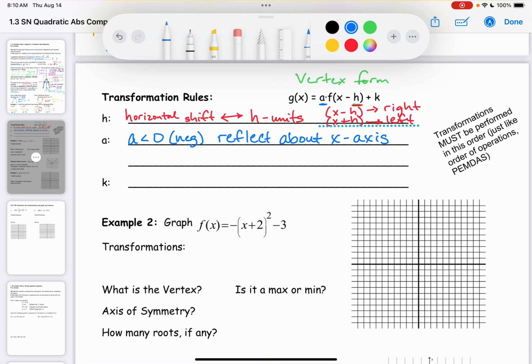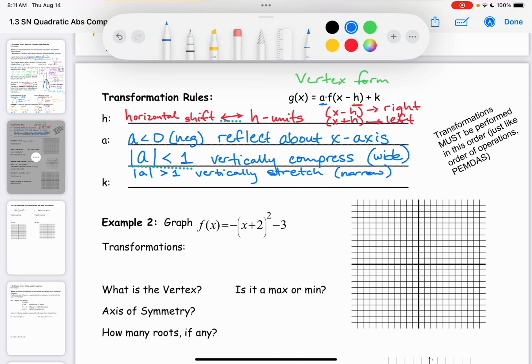And if the absolute value of A is less than 1, this is what we just looked at, it's going to vertically compress, which means the graph is going to get wider. And if the absolute value of A is greater than 1, it will vertically stretch, which means it's going to get taller and narrower.